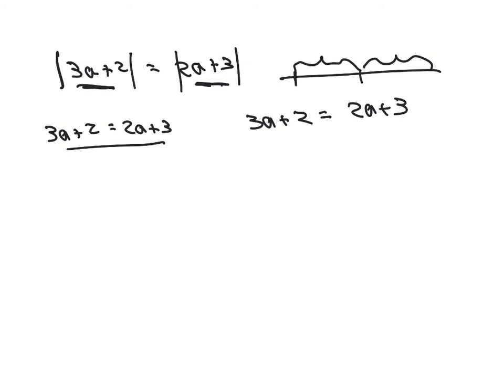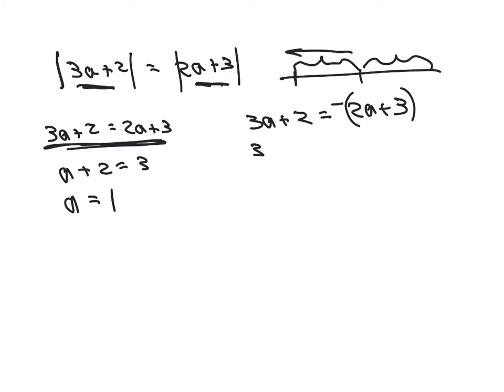Because the distances are the same, it doesn't matter. But since we went negative, we'll put that in a negative position. So we solve for this here. We solve for a. So we're going to get a plus 2 equals 3. A equals 3 minus 2 is 1.